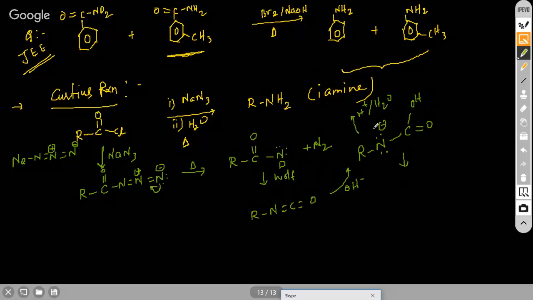When this H plus comes over here, you'll get RNHCOOH with one lone pair here. Now, when this bond pair comes over here, this H plus will attack onto this nitrogen. So we'll get finally RNH2 plus CO2.